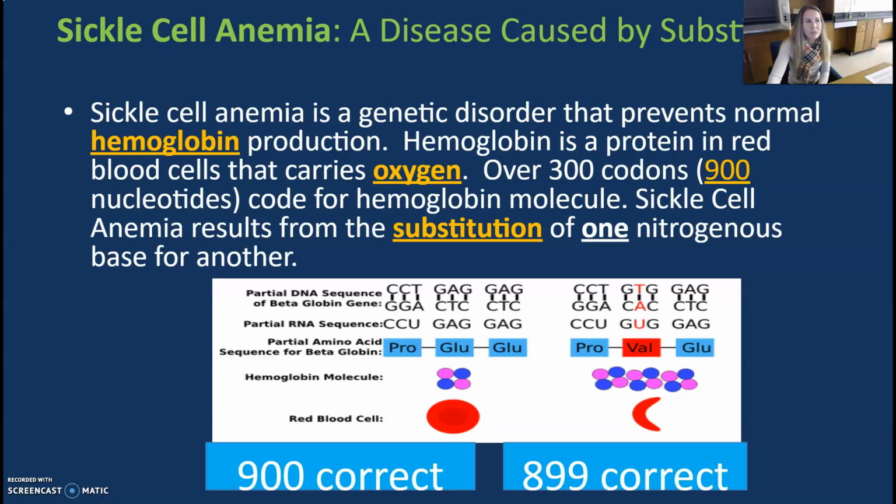Sickle cell anemia results from the substitution of one nitrogenous base for another. So we have our partial amino acid sequence. If you look at the second set of codons, there is a mutation. So 900 are correct in the first normal red blood cell, but 899 are correct, which causes sickle cell anemia.